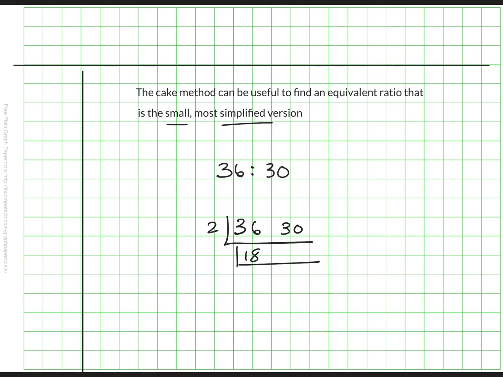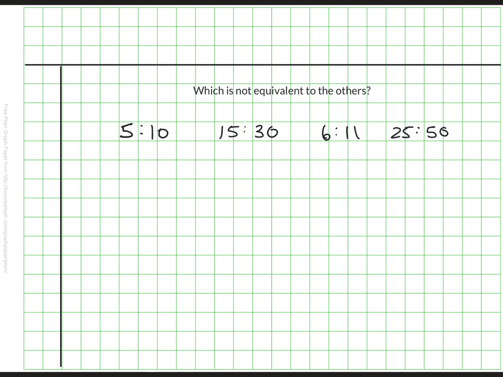So I'm going ahead and dividing them both by 2. But then I realized they could also be divided again by 3, which leaves me with 6 and 5. This last row here is my most simplified version. So 6 to 5 is equivalent to 36 to 30.